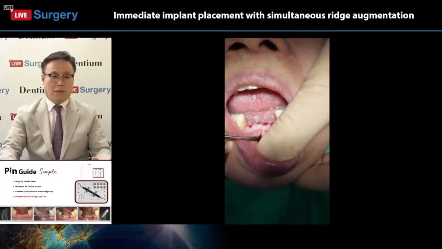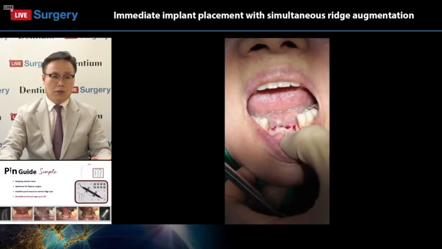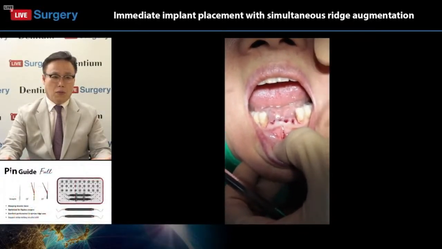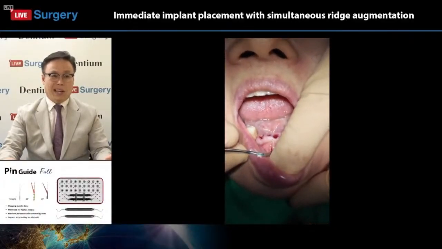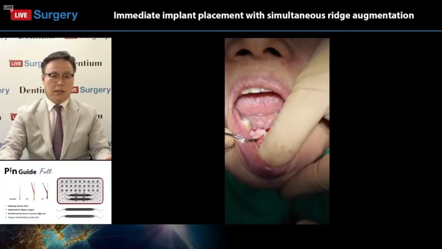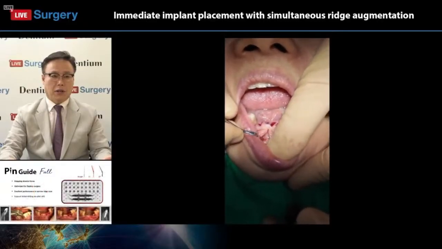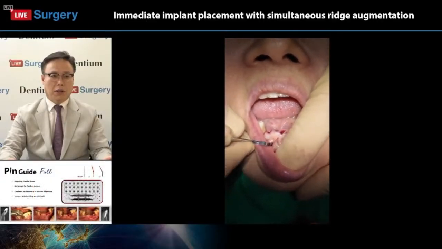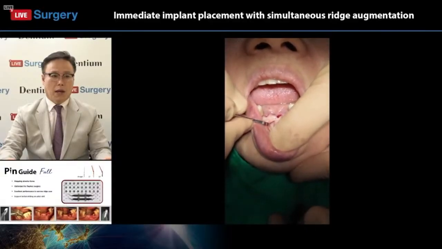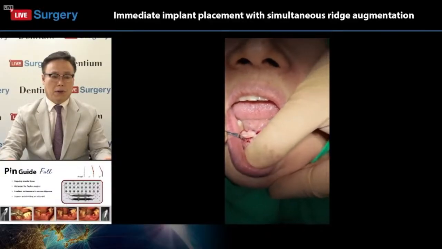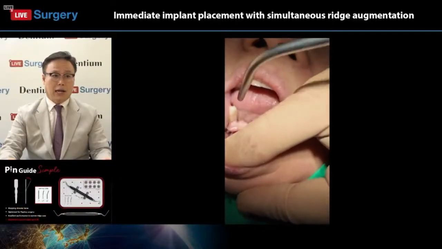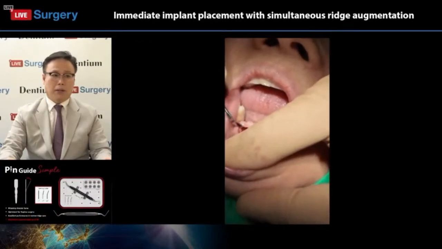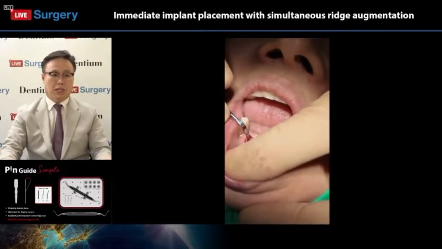So this is the time for evaluating. You're going to see that with only the vestibular incision, you can see clearly the inside, the bone configuration, the location of the crestal bone and the presence of a dehiscence defect. See, we found out. Probably I didn't make the dehiscence defect during the drilling sequences.